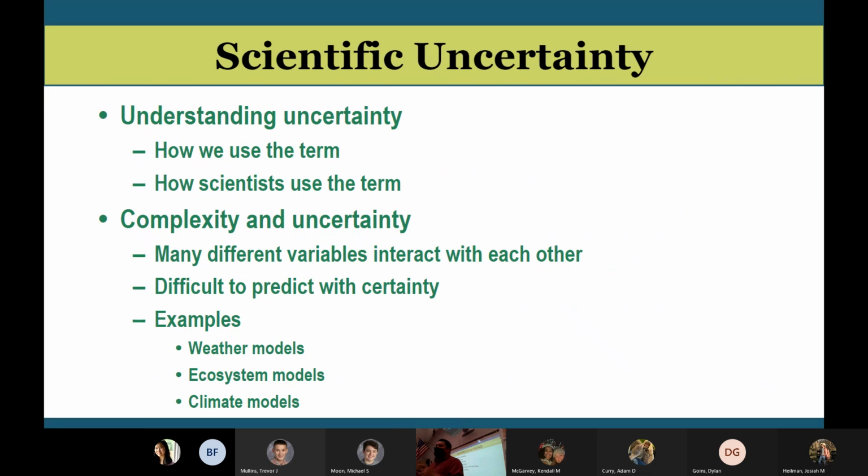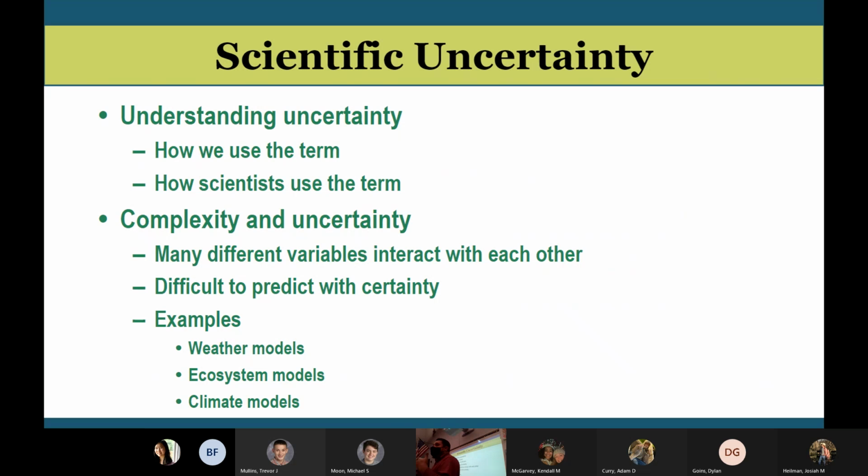You will never hear a scientist say, I'm 100% right about anything. But you will often hear scientists say, I'm 95% sure, 99% sure. Okay? And that's not them just making up a number. They actually can literally do testing to prove that they are 95% certain. They're 99% certain.